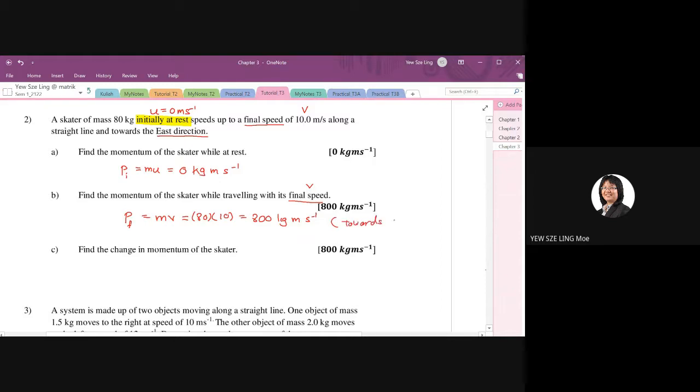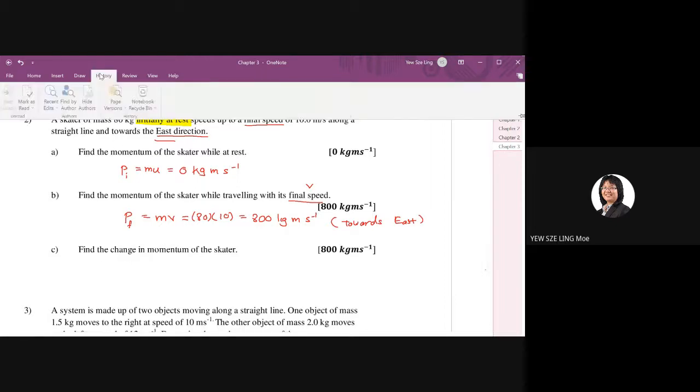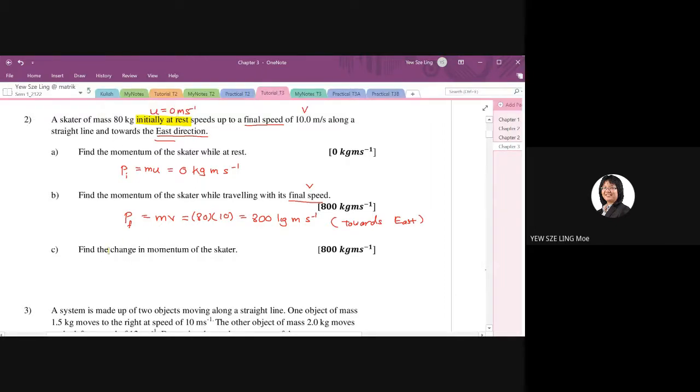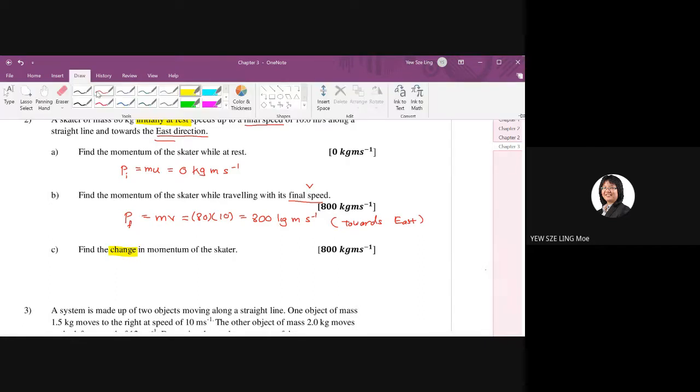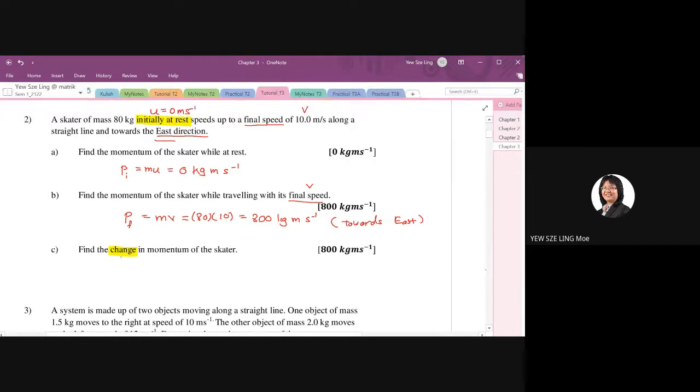We know it is towards east because the question tells you it's moving towards the east direction. And then find the change in the momentum. Now, whenever you have the term change, what does it mean? It means final minus initial. The term change carries the meaning final minus initial.